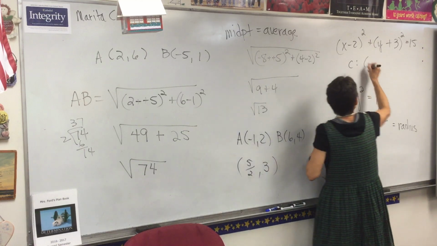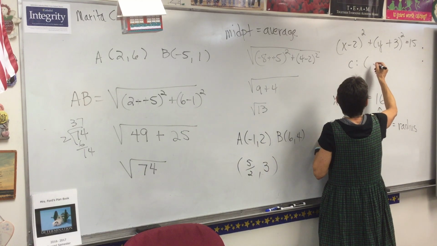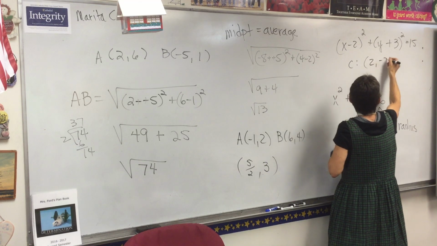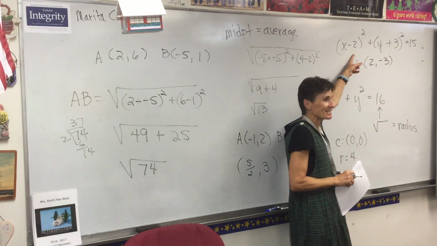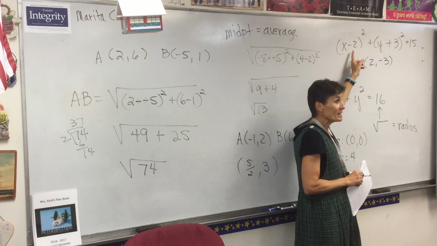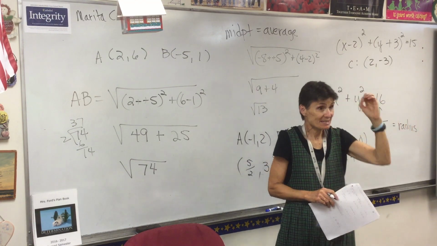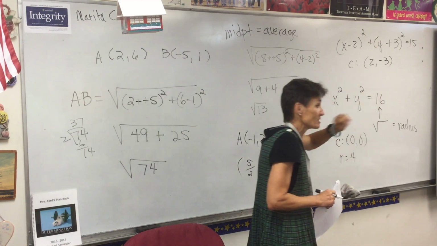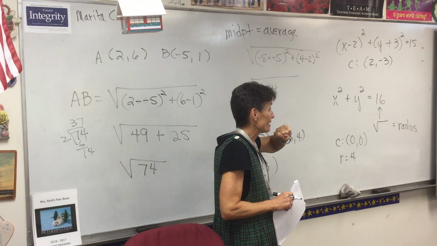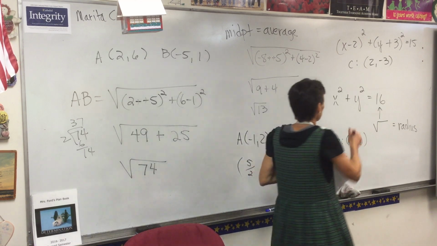Anybody want to take a guess where this center is? 2, -3. Very, very good. Notice that it's the opposite. So when we did x minus 2, the center is actually at 2. And when we did y plus 3, the center is actually at -3. And what's our radius?